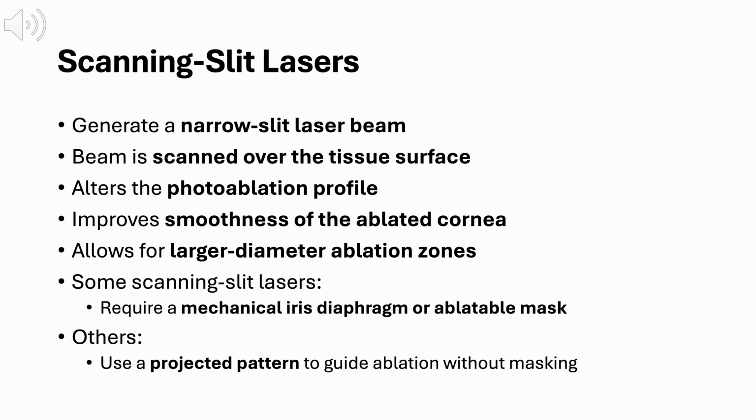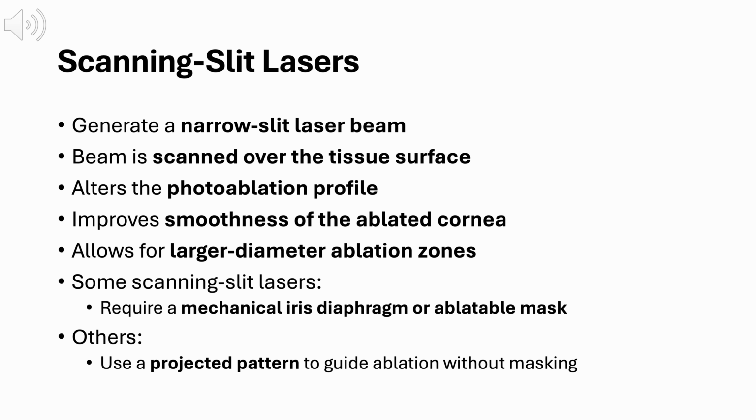Scanning slit lasers represent a step forward in how photoablation is delivered. Instead of treating the cornea with one large beam, these systems generate a narrow slit of laser energy that is scanned across the corneal surface. By moving this slit back and forth, the laser reshapes the cornea in a more controlled way.